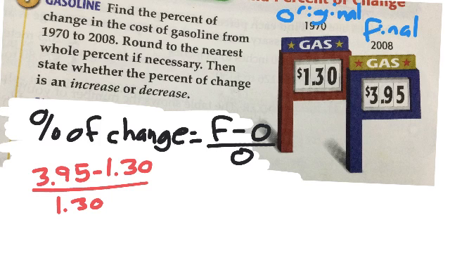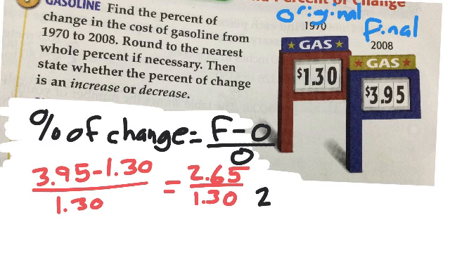So again, using my calculator, 3.95 minus 1.30, that gives me 2.65 divided by 1.30. So then when I divide those, that gives me 2.038.